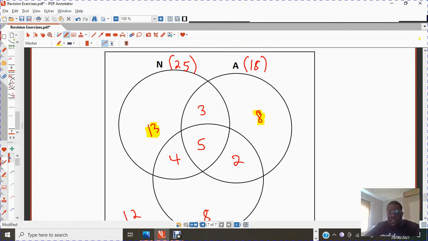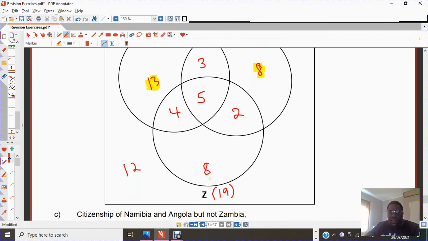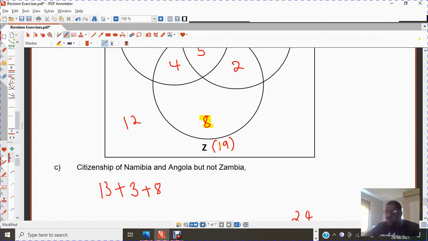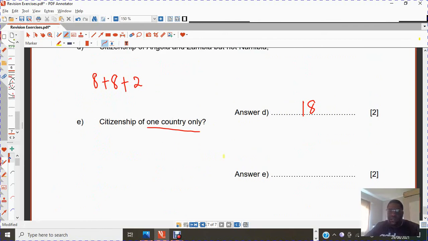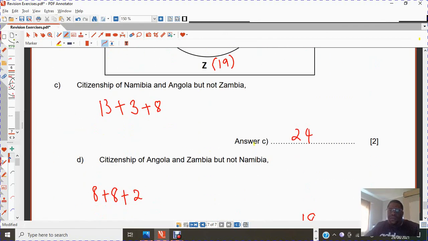These 8 learners have only got Angolan citizenship, and this 8 here also have only got Zambian citizenship. So you have to add the 13 plus 8 plus 8 in order to find the students who only have one citizenship. So that's 13 plus 8 plus 8.